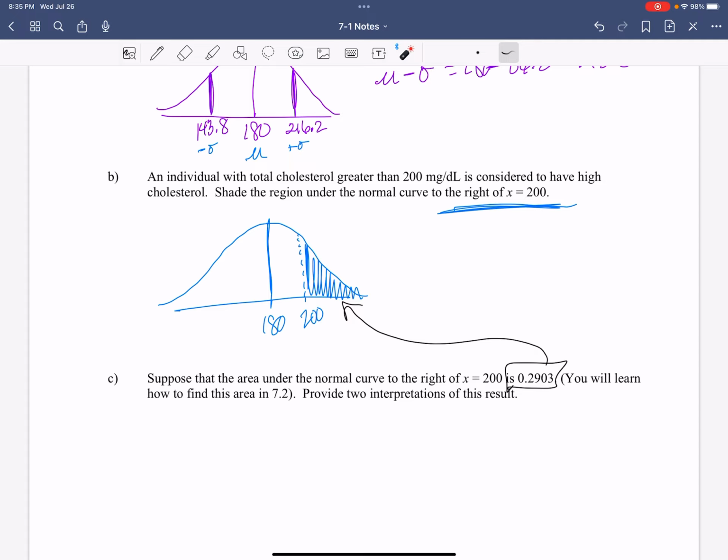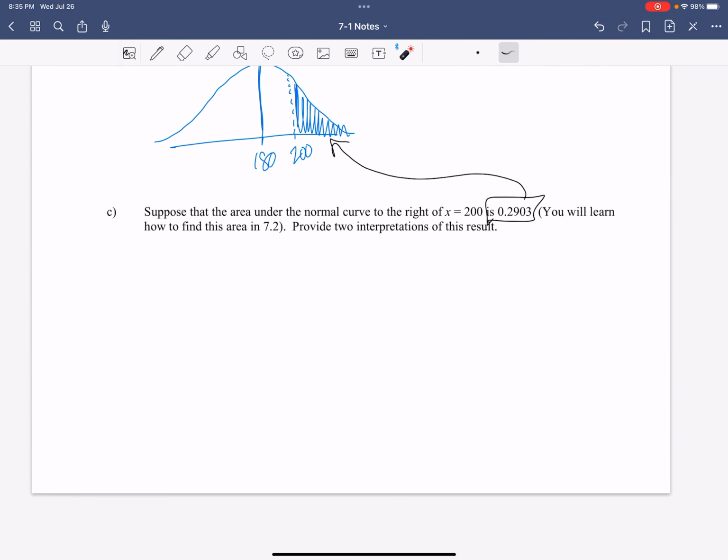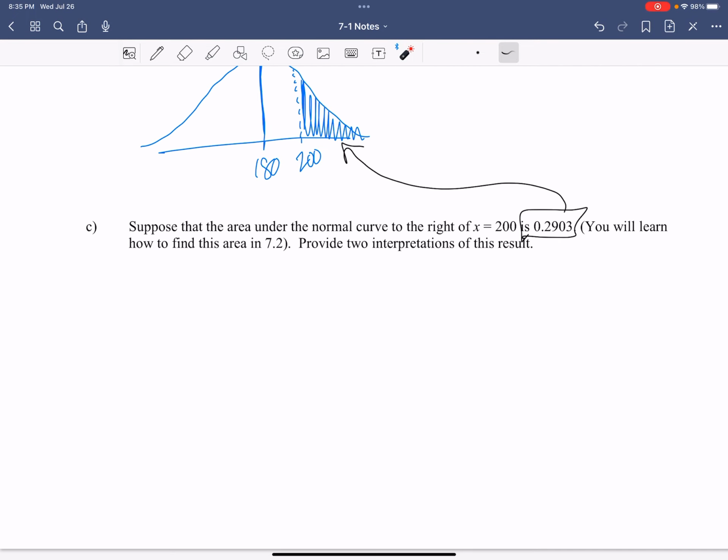So let's talk about what this actually means here. Let me get it up high enough so we can write on it. Here's our first one. We're going to talk about the proportion. So what does this actually mean? What is this telling us?